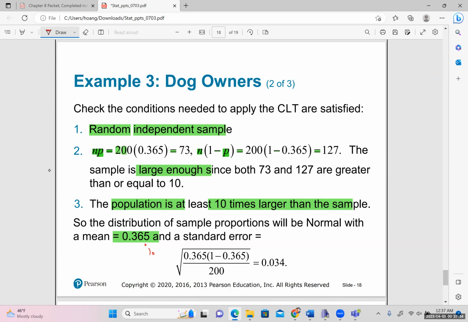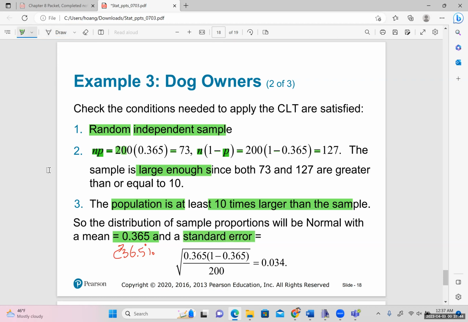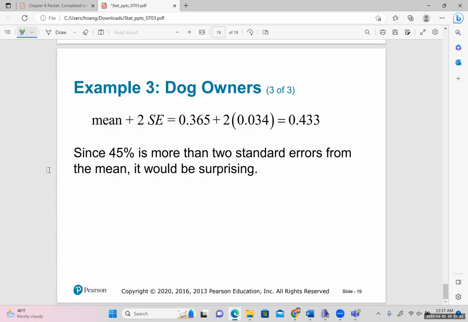So 36.5% goes in as the mean. And then the standard error will be equal to 0.034 if you calculate by the formula. All right, so now we can use the mean plus 2 standard deviations. You can either convert to the z-score, or you can just add 2 standard errors and see if it covers 45% or not.